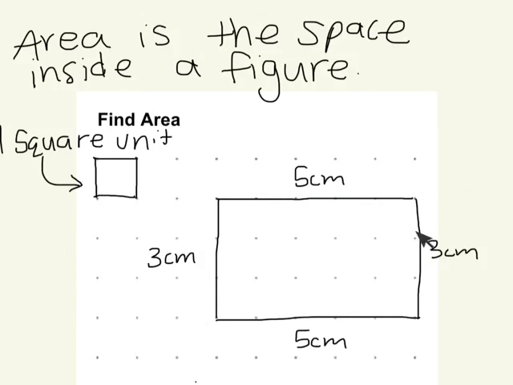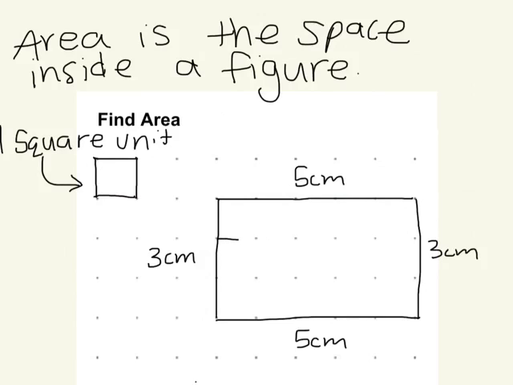So it's not the perimeter. It's all of this space inside of a figure. And we measure that by looking at square units. Okay, how many of these square units will fit inside of our figure? And today we're going to do that by actually drawing our square units.